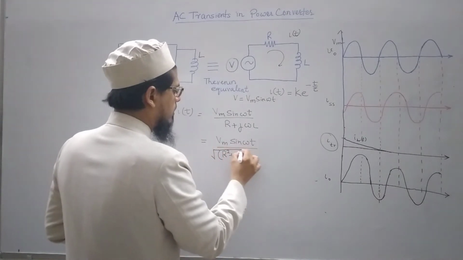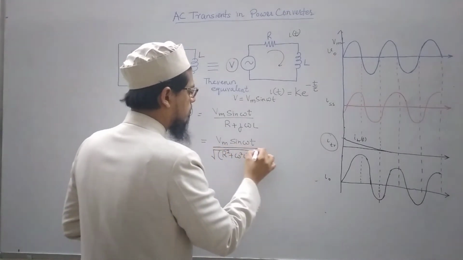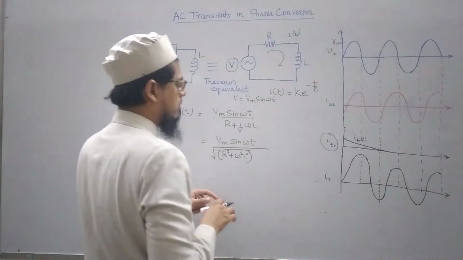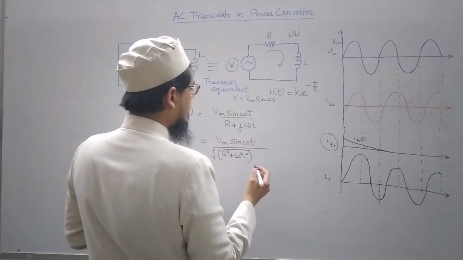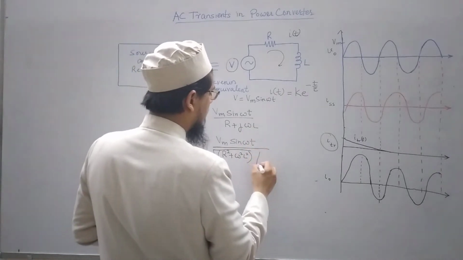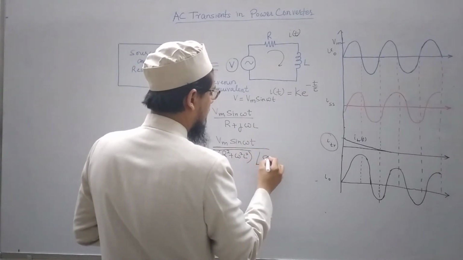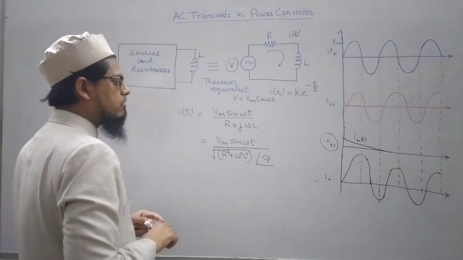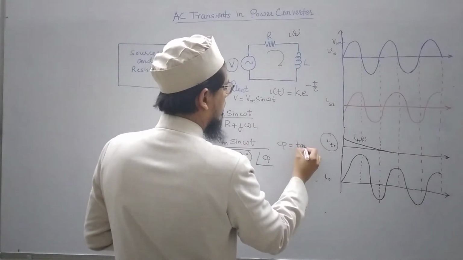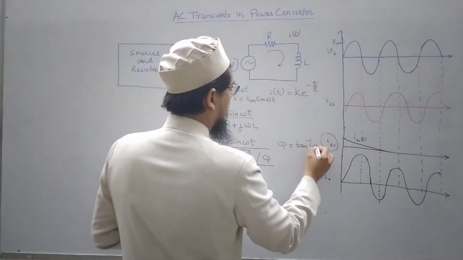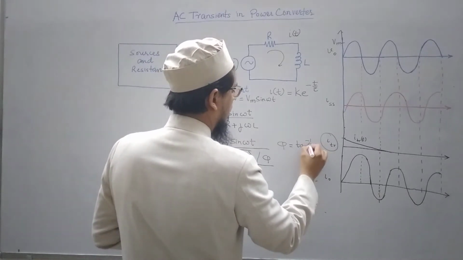So this gives me the magnitude for this. This is basically a complex number, and there would be some angle. Let me call that angle phi, and this phi would be given by tan inverse omega L upon R.